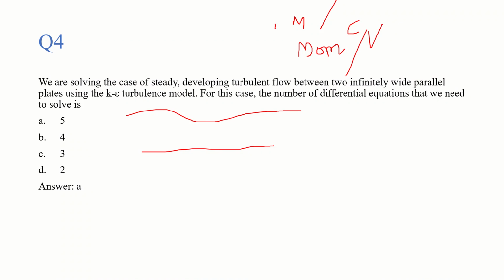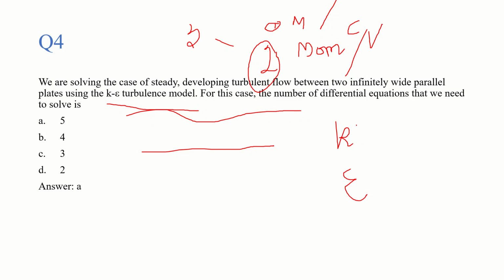So it is 1, and we have x and y momentum conservation equations, so basically 2. From this itself we have 3 equations. And since we are using the K epsilon turbulence model, we have 2 additional equations, one for K and one for epsilon, that is, the kinetic energy equation and the kinetic energy dissipation rate equation.